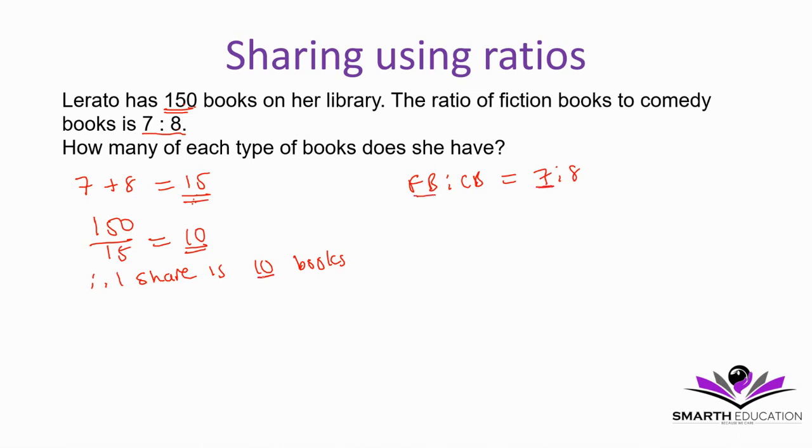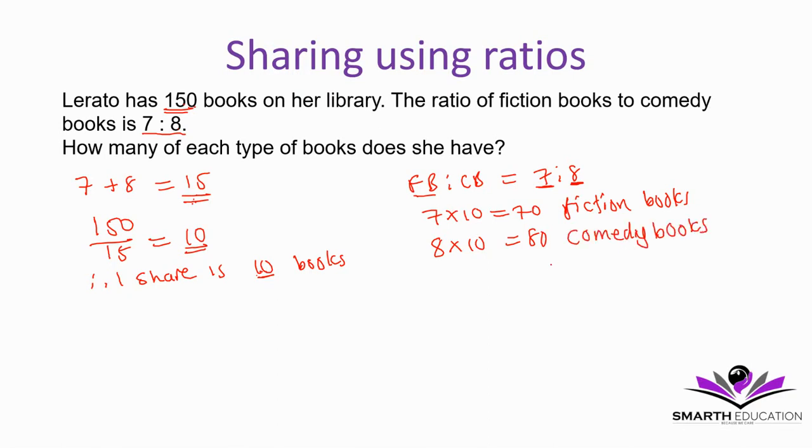If one share is 10 books, then 7 times 10 is equal to 70 fiction books. And then comic books, 8 shares. So you say 8 times 10, because one share is 10. So 8 times 10 is equal to 80 comic books. This is how we share quantities using ratios. So you can choose any method. You can use method 1 or method 2.